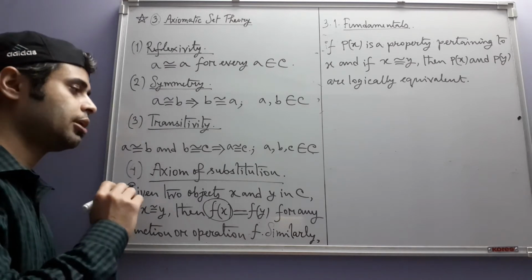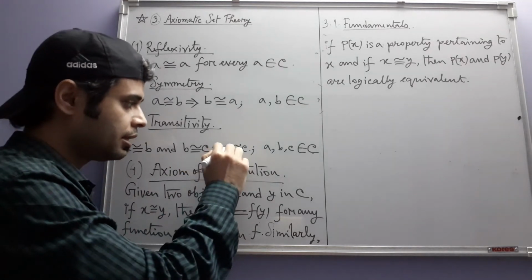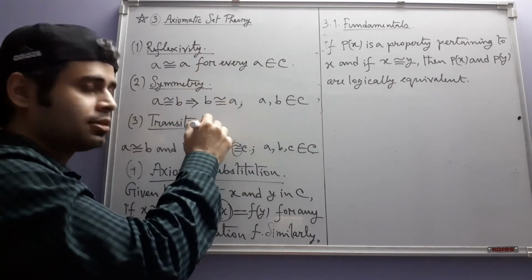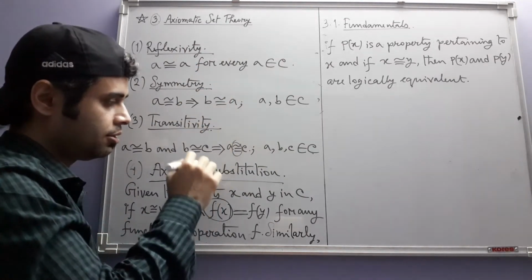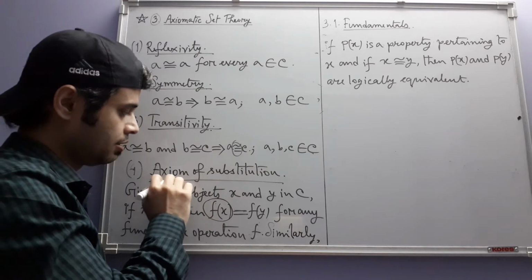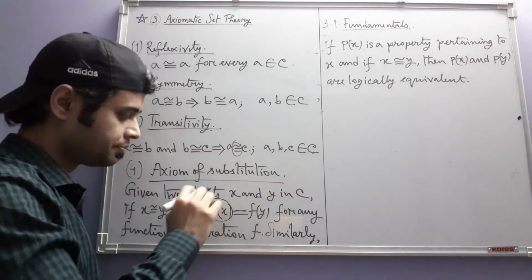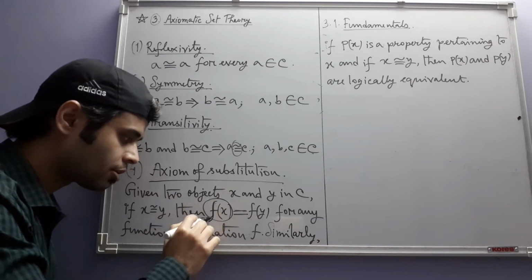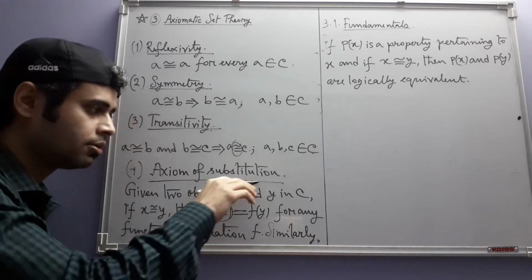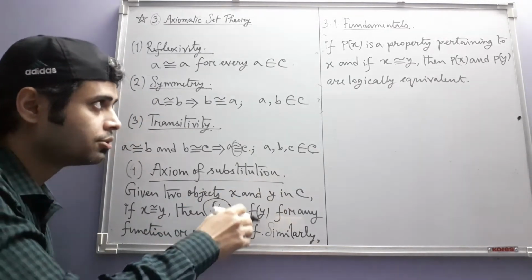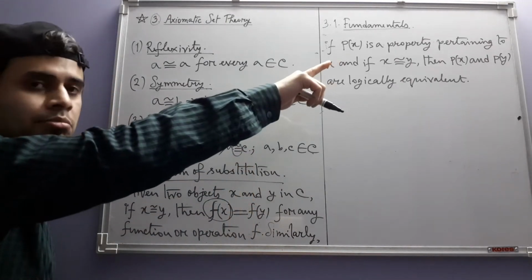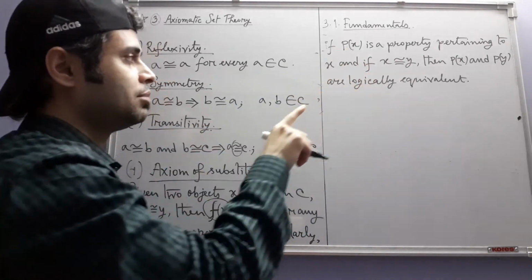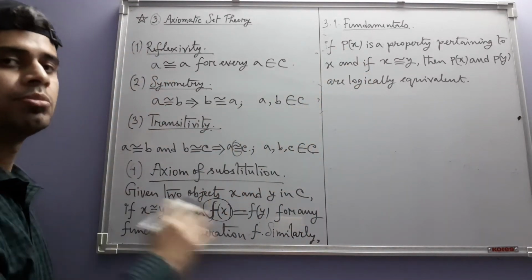Not only should our concept of equality satisfy the reflexivity, symmetry and transitivity properties, but it also has to satisfy the axiom of substitution, which involves any function or operation imaginable on the class of objects, also any sort of property that is imaginable, whose truth can be discerned without any ambiguity.